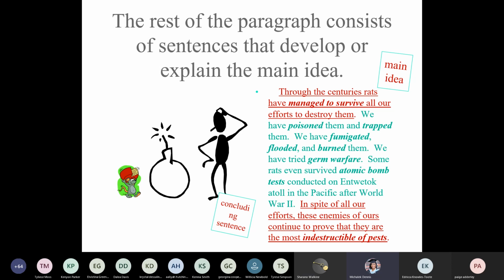Now here it is. It actually shows you the different ways they tried to destroy them: poisoning them, they trapped them, they fumigated them, they flooded, burned them, even germ warfare, atomic bomb tests. So all of these things are your supporting details.